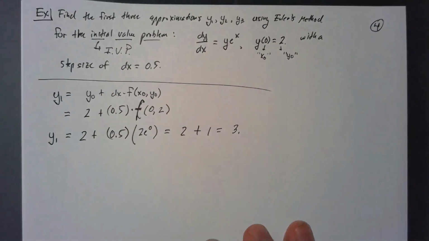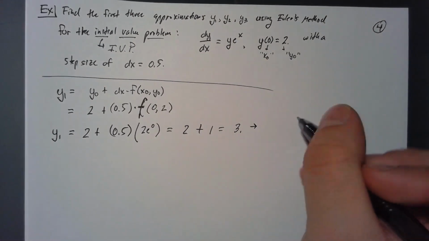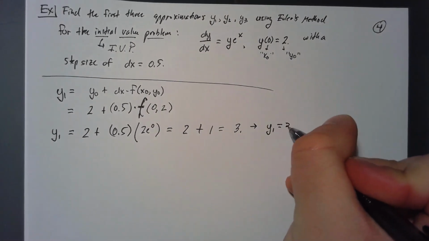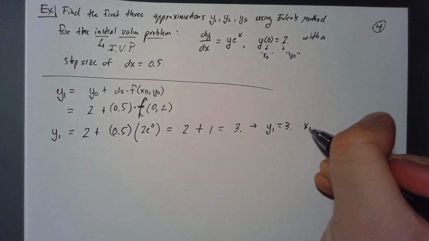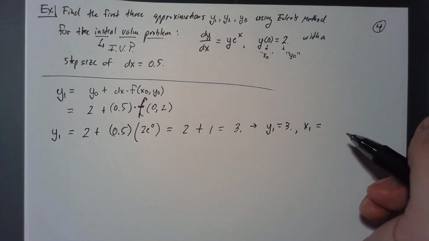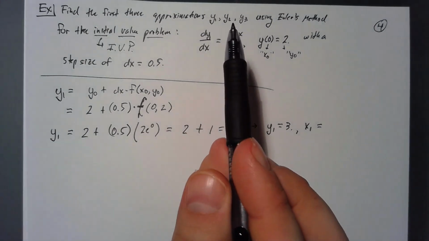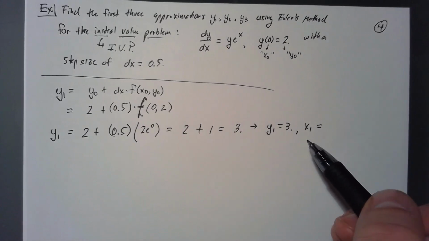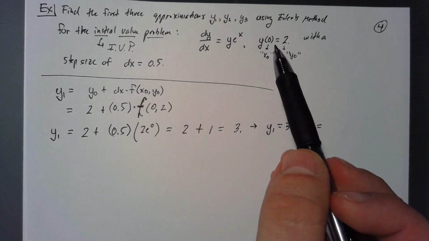How do I get x sub 1? Because I'm going to need these to go to the second iteration, right? Well, I get x of 1 by, so what did I start at?